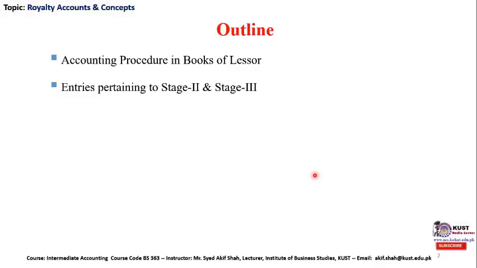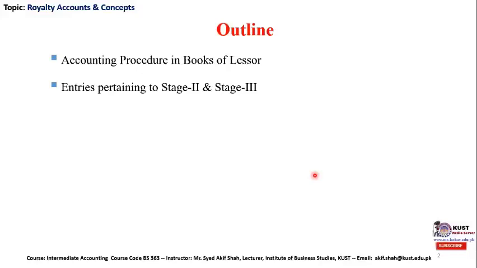The outline of this lecture comprises the discussion related to the accounting procedures in the books of lessor. Basically, we have two parties in a lease agreement. One is the lessor, who is the landlord or owner of the mine, or author of the book, or maybe the holder of any patent rights.